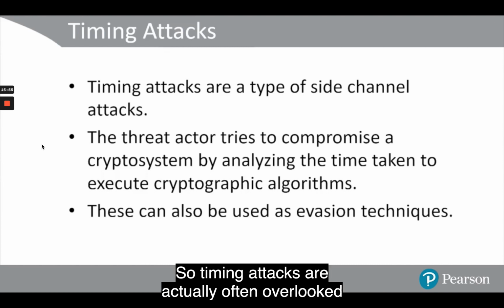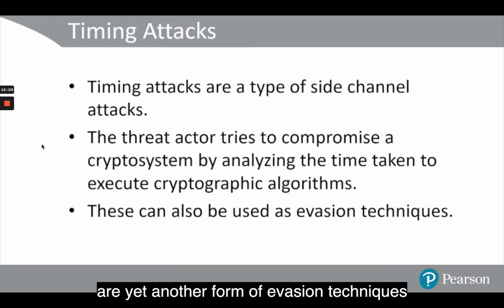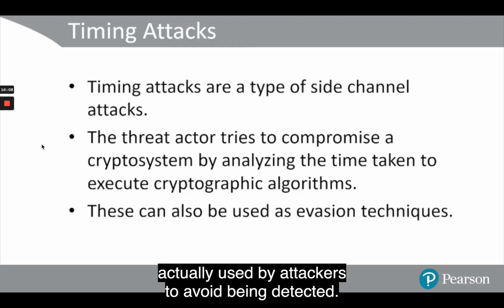Timing attacks are often overlooked in the design phase because they are so dependent on the actual implementation. So again, timing attacks are yet another form of evasion technique used by attackers to avoid being detected.